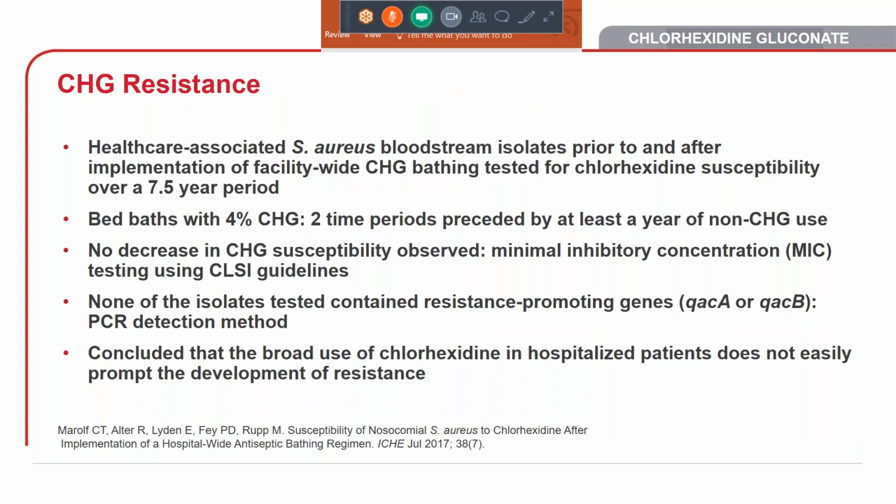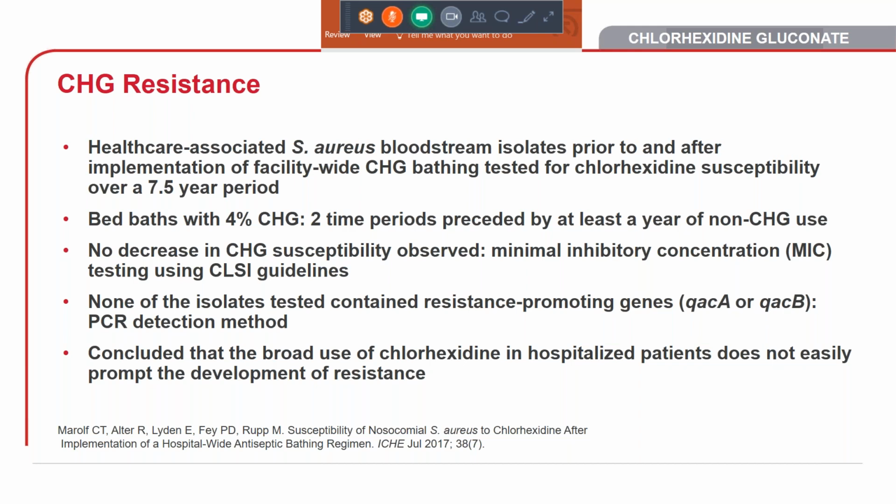I do want to point out, though, that some authors in the July 2017 ICHE did attempt to look at whether or not they were seeing increased resistance to chlorhexidine among Staph aureus bloodstream isolates that had caused healthcare onset infections. So they looked at the healthcare onset Staph aureus bloodstream isolates prior to and after the implementation of facility-wide chlorhexidine bathing.